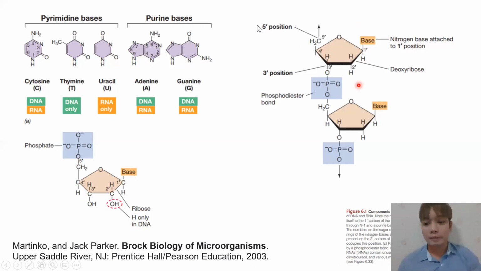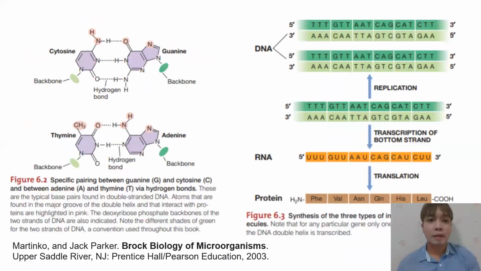So, when it gets long, we have bases here, and we have phosphodiester bond. So, the nucleotides attached to each other form a nucleic acid. Okay. And aside from that, another important thing. So, DNA is actually double-stranded.